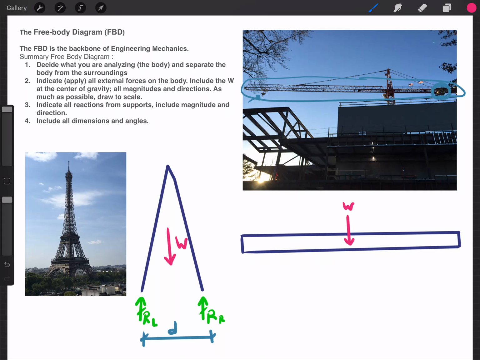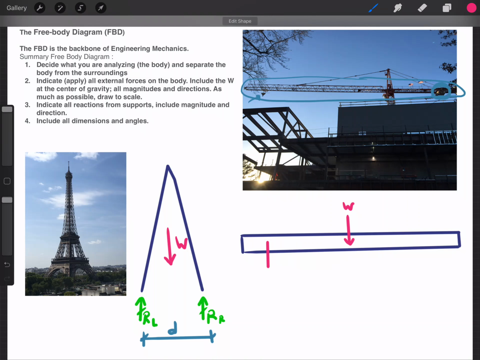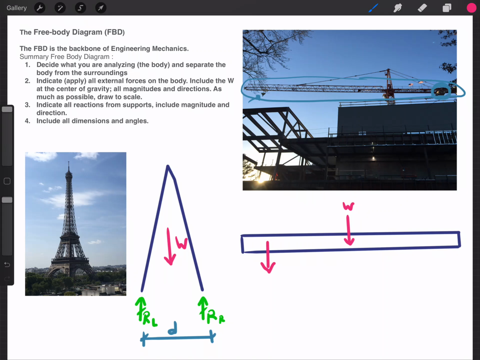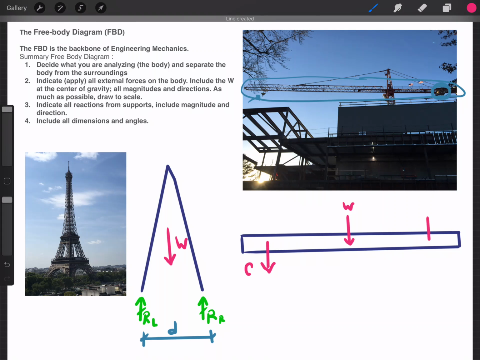We have the crane that will be pulling down here, whatever that load would be. We can call this the crane. Then we also have the ballast, which is acting back here, pushing down.